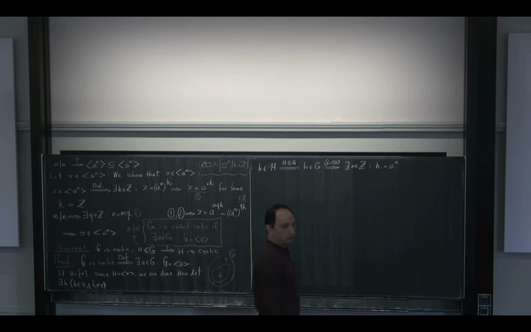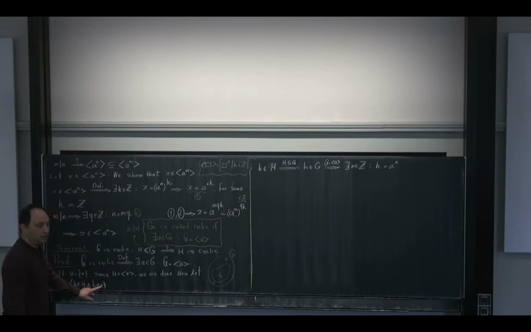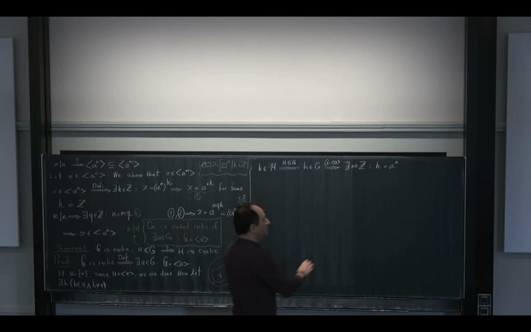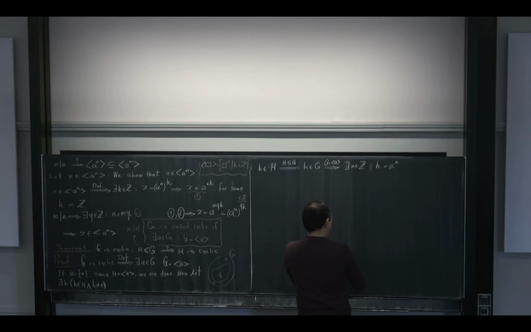Do you agree? Okay, but now because of this assumption that h is not e, I can say a little bit better. I can say n belongs to the set of this. Do you agree?